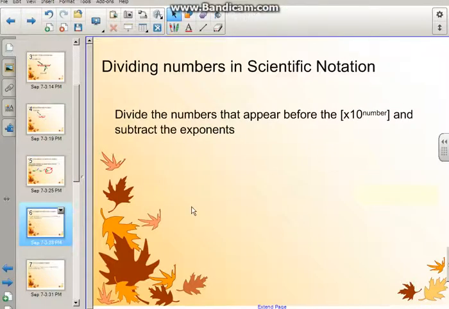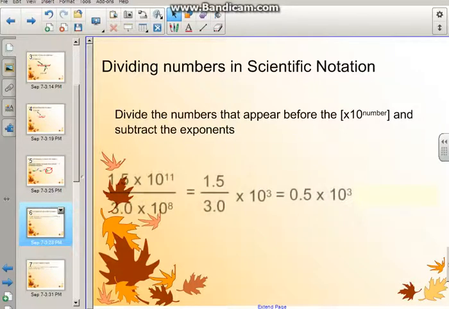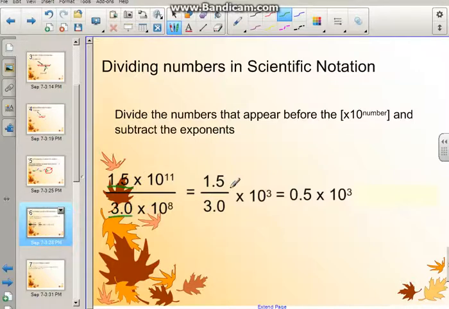Division is exactly the opposite. You want to divide the numbers that appear before the power of 10 and subtract the exponents. So in this case, we have 1.5 times 10 to the 11th divided by 3.0 times 10 to the 8th. This is going to end up being 1.5 divided by 3.0, just like we have simplified here.